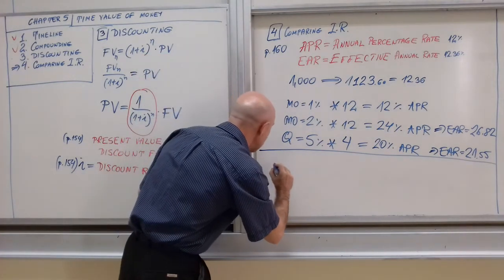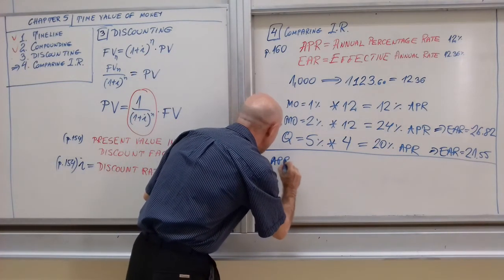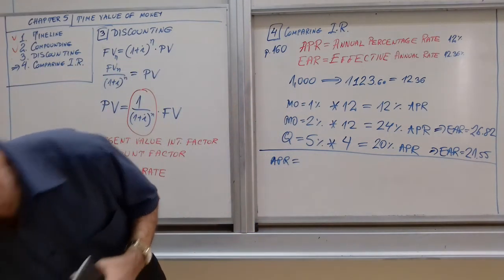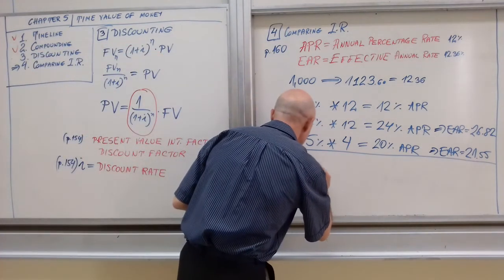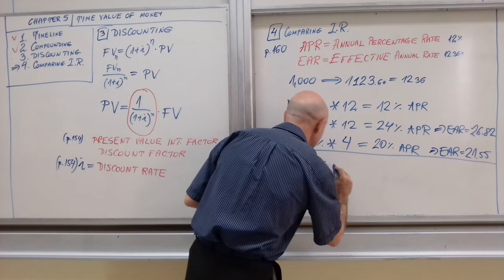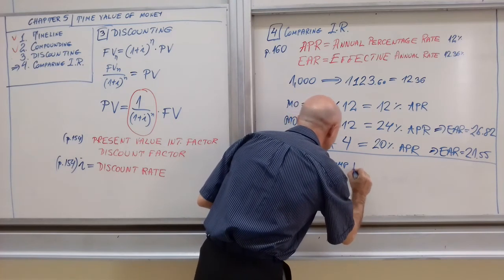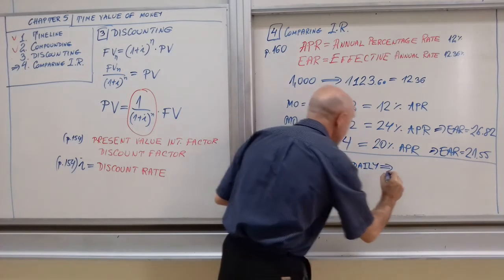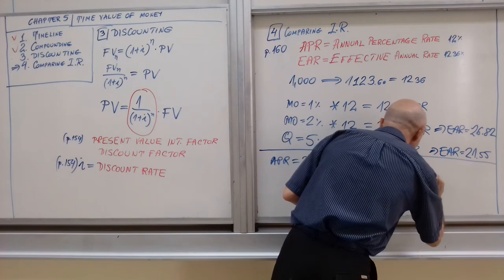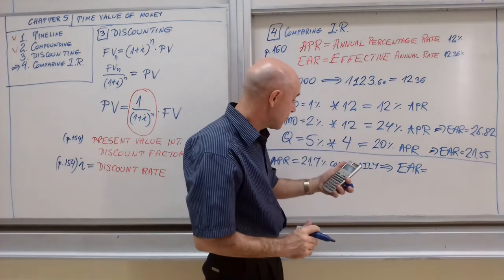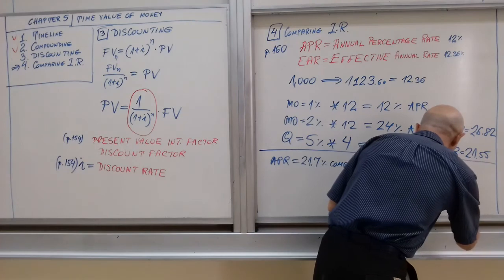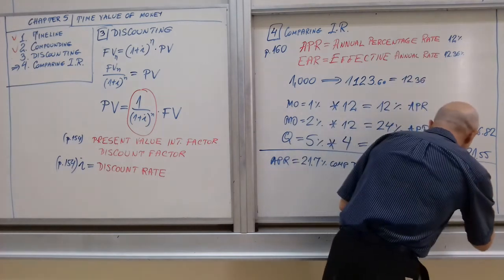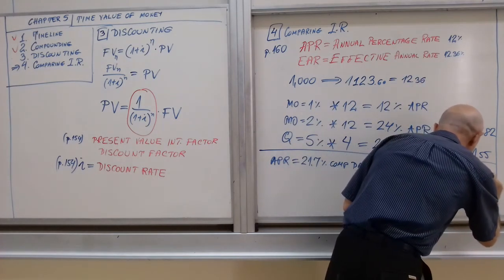All right, so let's write out the example. Daily APR equal to 21.7%, compounded daily, equals EAR, and I'm giving it a precise number, 24.22639.